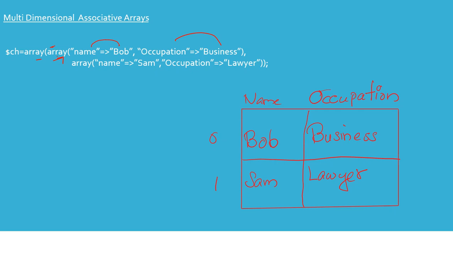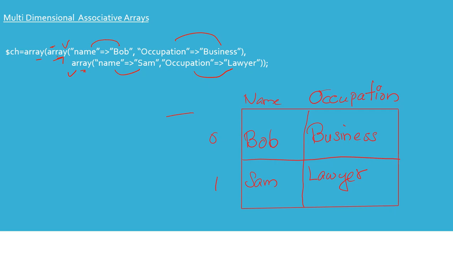Now there are only two index value pairs for this array function, so we can say there could be only two columns. And we have another array function here, for which also we have two index value pairs. So these two array functions actually decide the number of rows.